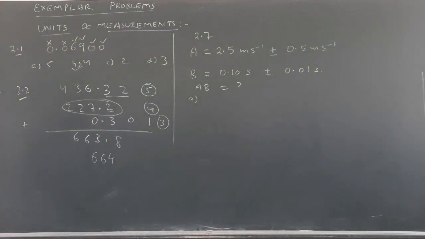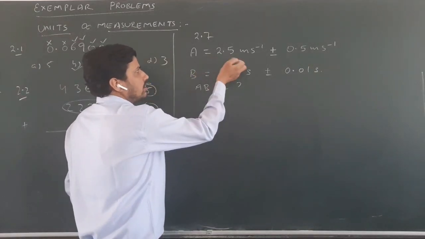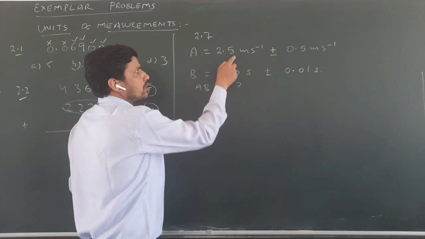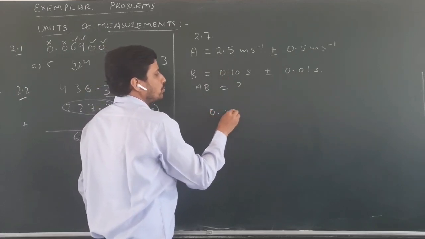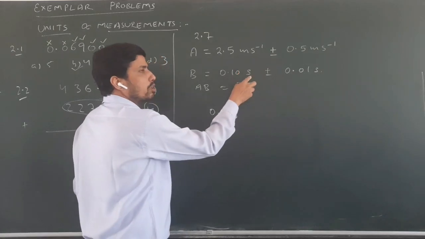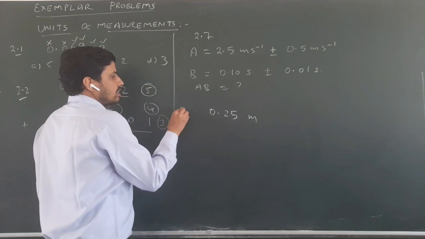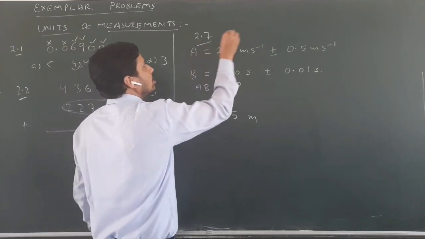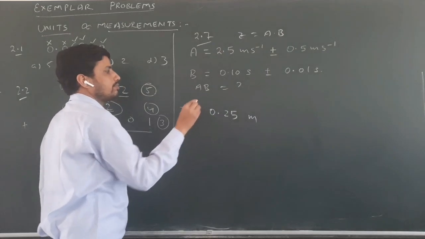First of all, see, students, A into B. These values, if you multiply 2.5 into 0.1, this will be 0.25. And what will be the unit? Second unit will cancel, it will be meter. So let the result be Z. So we have Z is equal to A into B. We have to find this.